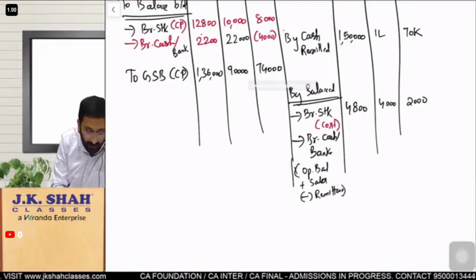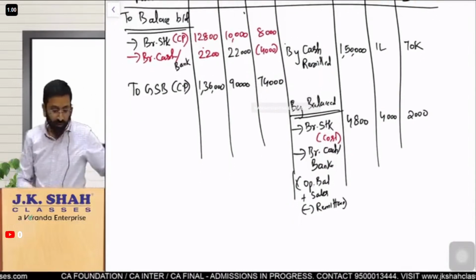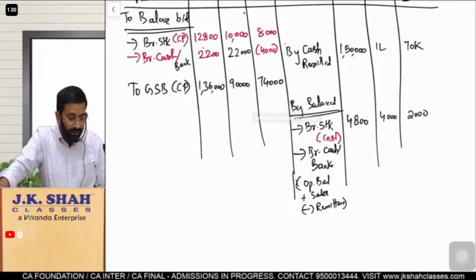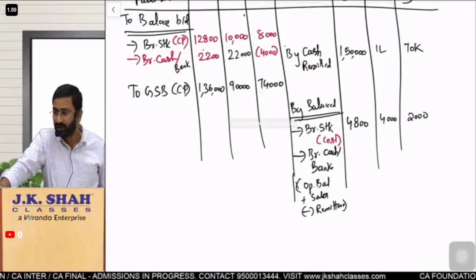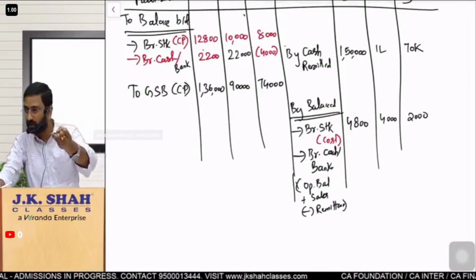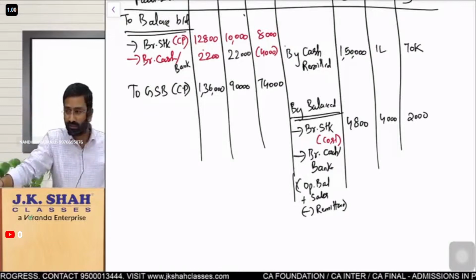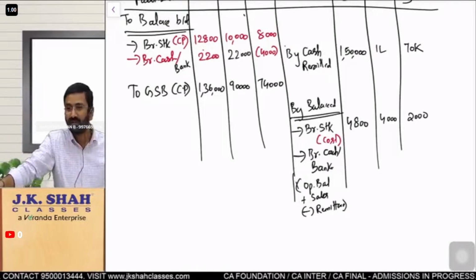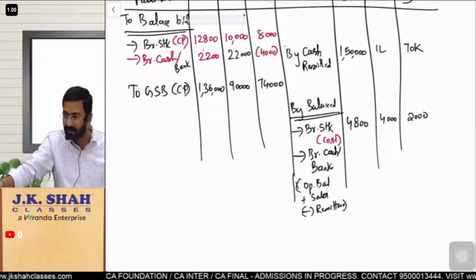What is the opening balance for Coimbatore? Opening cash 2,200. Add the sales of Coimbatore, minus remittance, and tell me the final figure. I'm not doing it, I'm trusting you guys. Opening cash plus sales minus the remittance, and tell me the figure.